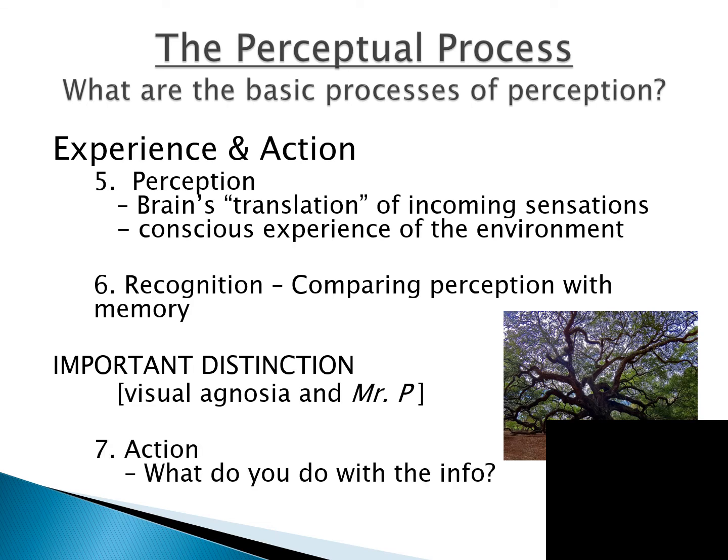And then step 7 is the action, or what do you do with the information? And Goldstein, in previous books, had a diagram that pointed from the action back to the distal stimulus, because what we do with that information can possibly change the distal stimulus and possibly change the proximal stimulus.